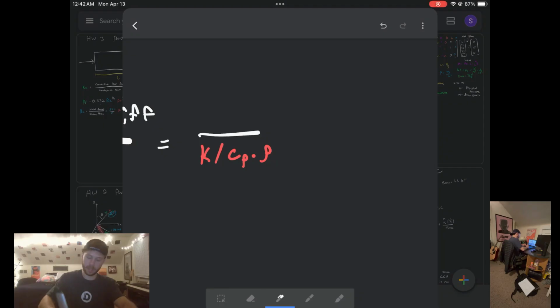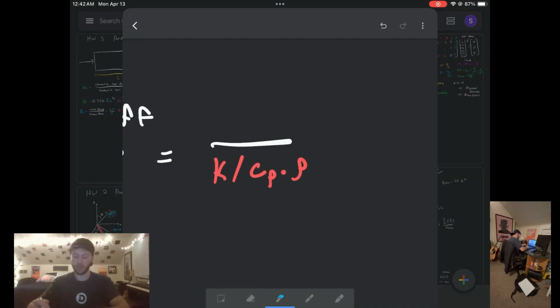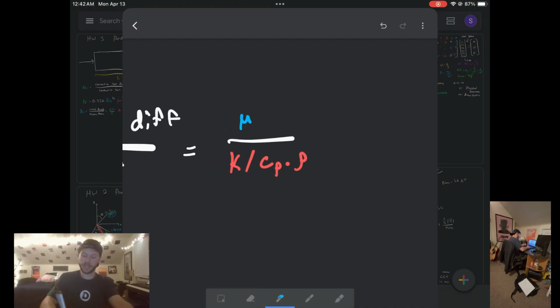And then momentum diffusivity deals with viscosity. So we'll say our momentum diffusivity is equal to our viscosity divided by our density.